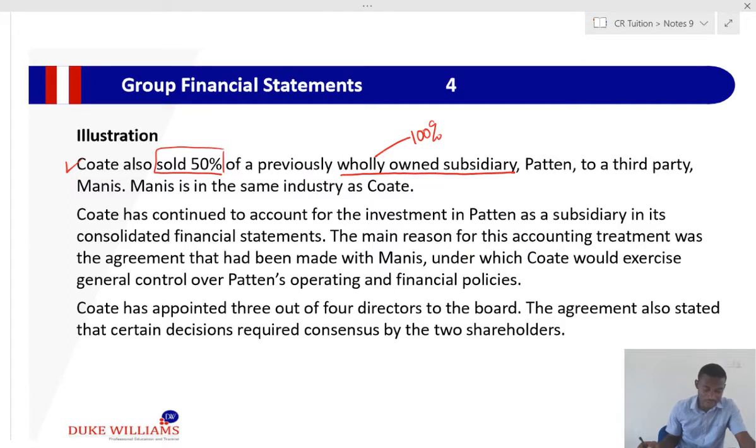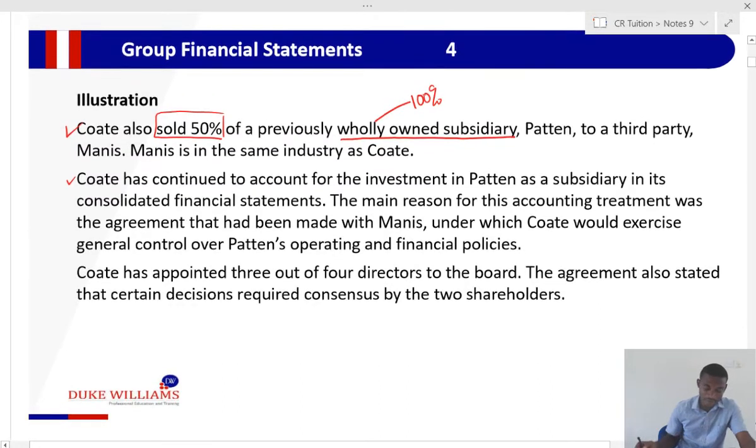Manis is in the same industry as Court. Now, Court has continued to account for the investment in Pattern as a subsidiary in its consolidated financial statements. So you'll be thinking that 50% constitutes control. Let's see the details of the question.